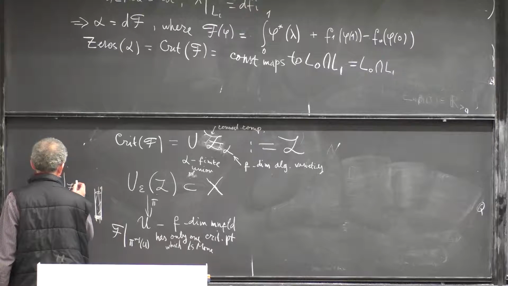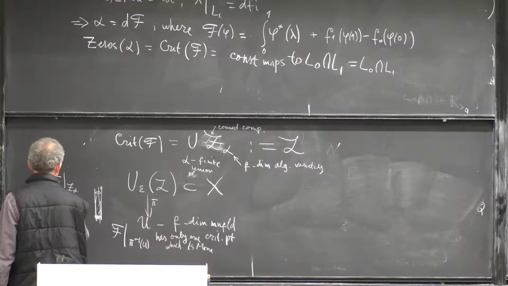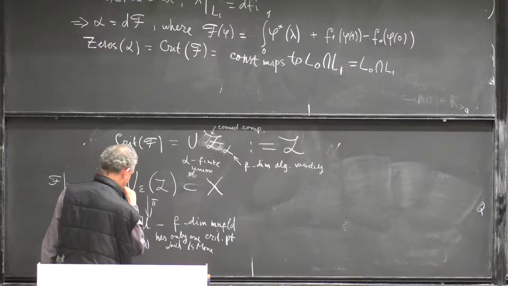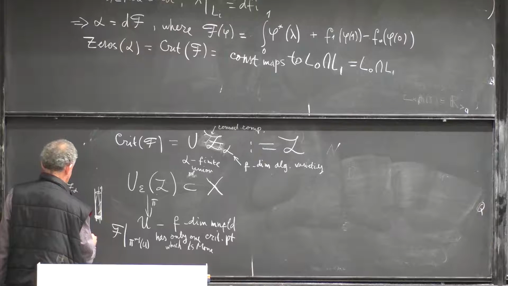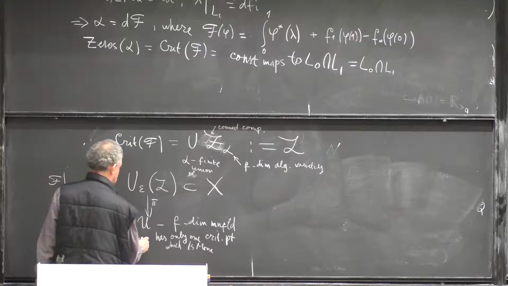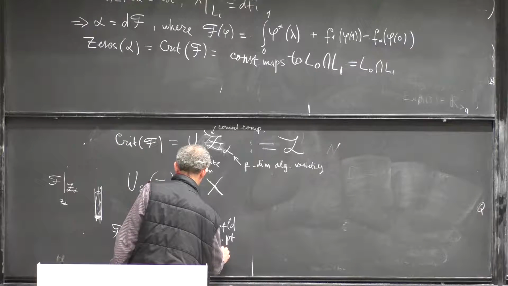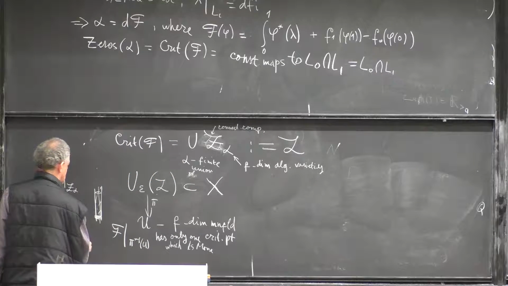Since it's connected and critical, it has one critical value, say Z alpha. So I want this to be true locally in the neighborhood of the. Okay, yeah.